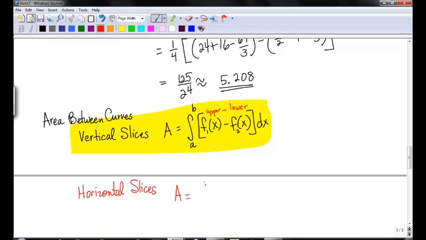Area equals the definite integral of f sub 1 of y minus f sub 2 of y, that whole thing with respect to y, and we're going to go from c to d. You sub in the top number first, and I would highlight this is the one on the right minus the one on the left.